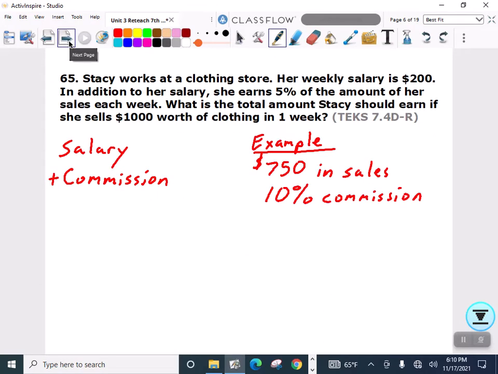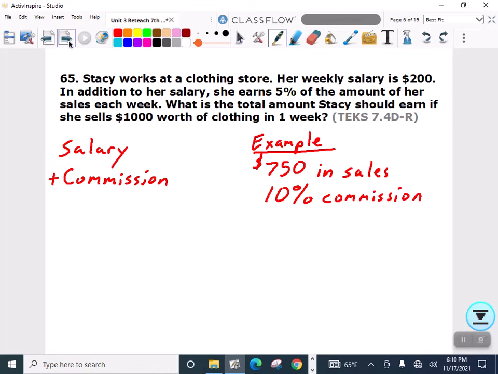65. We have salary and commission. Well, they tell you what her salary is, and then they tell you the commission rate and how much was sold. You get 3 pieces of information. If we want to find out the total amount Stacy earned, for example, I have one set up here.